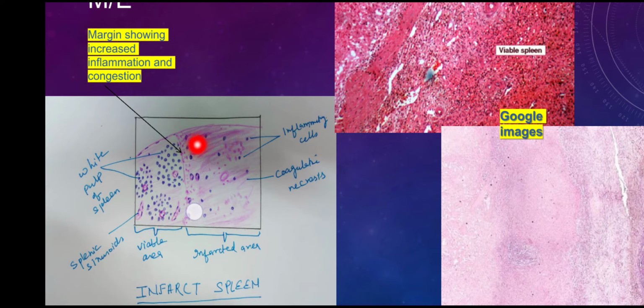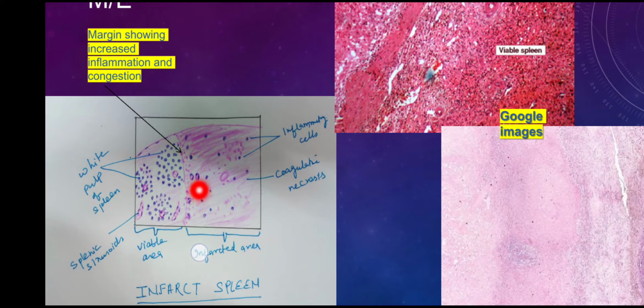And in the infarcted area, you just have to make it pinkish with the eosin pencil, and make some outline of the cells like this, and the outline of the blood vessels, but the nuclei will be lost. In addition, you have to make the inflammatory cells, which will be more at the margins.